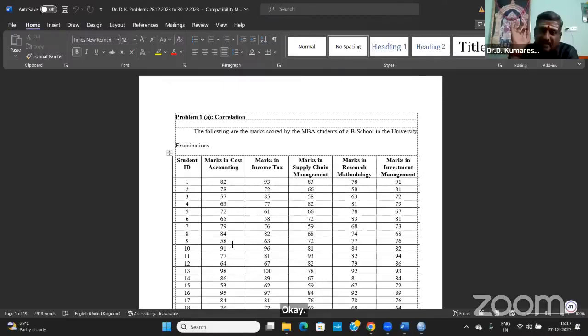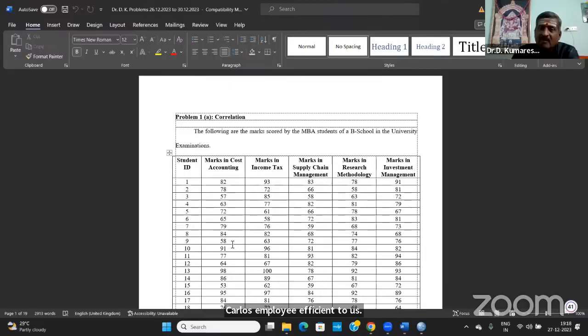Now, I told you it is a measure of relationship between two or more variables. In the case of correlation, we found that A to B and B to A, the correlation coefficient was the same.